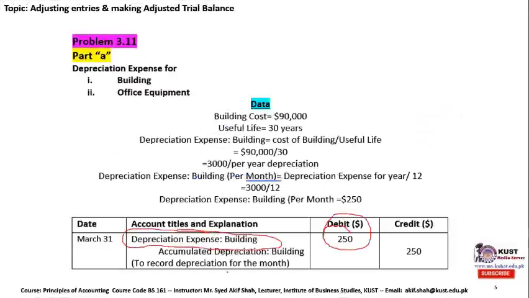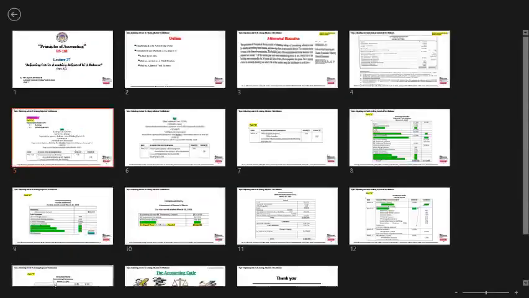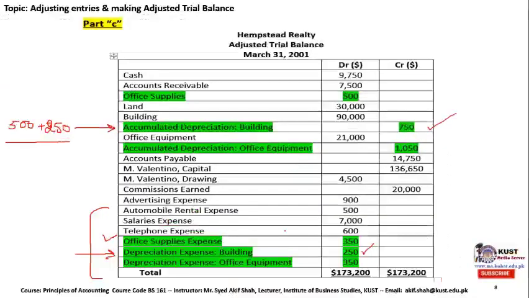So from here we have actually picked up this title and the balance and inserted it in our trial balance, and then finally mentioned it in our adjusted trial balance in this fashion.